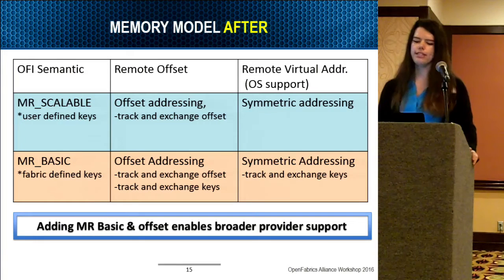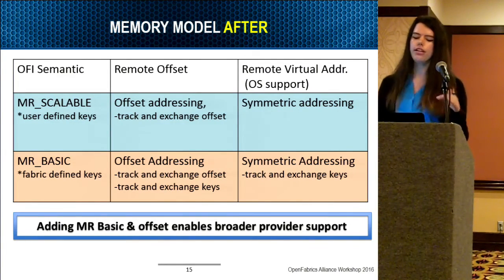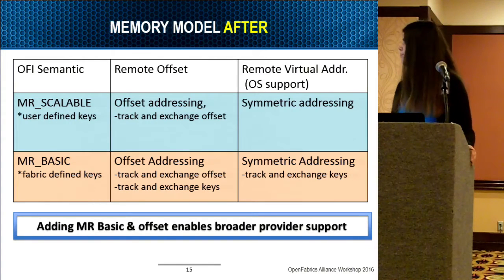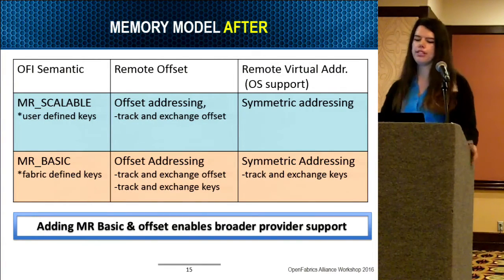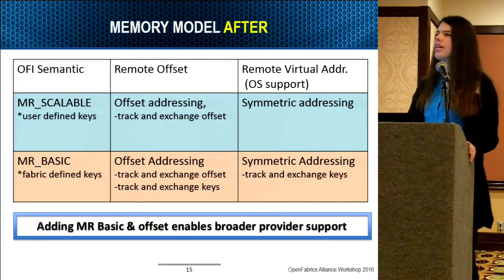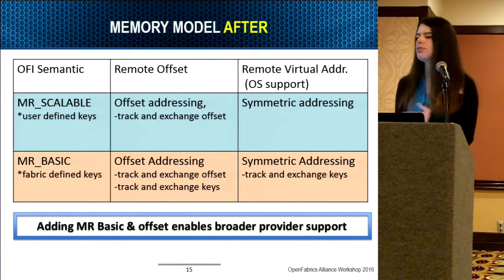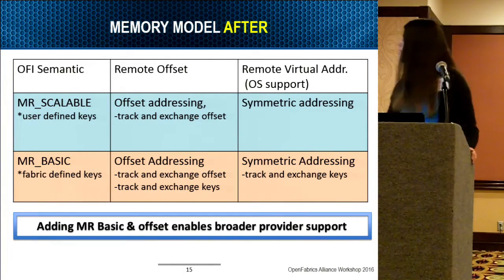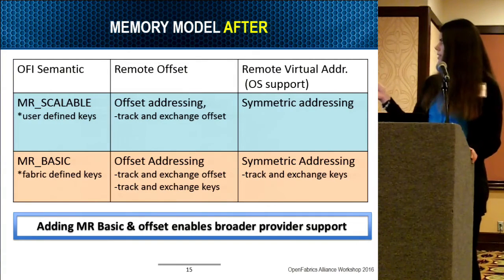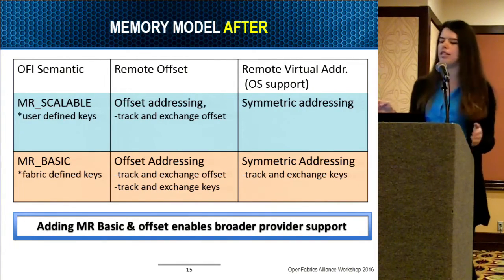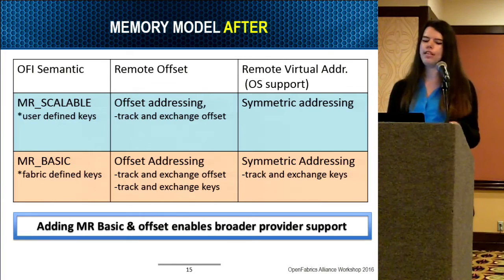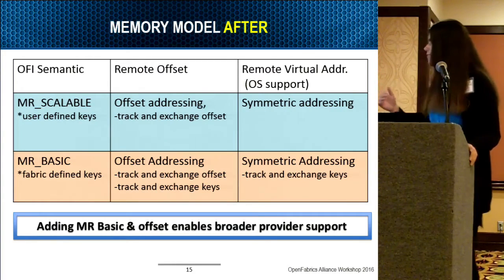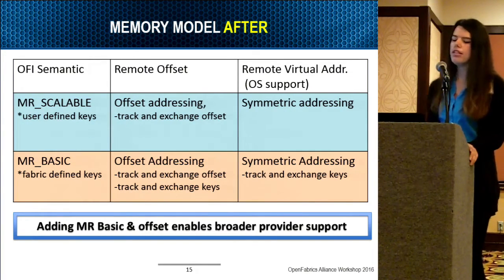And so, like I said, to create a stepping stone for some providers, we found that MR Basic was a good way to get SHMEM-LibFabric working with other providers, as the utility aspect of LibFabric is still under development. With MR Basic, the semantic difference is that a fabric can now define keys, so it lifts the user-defined key requirement.